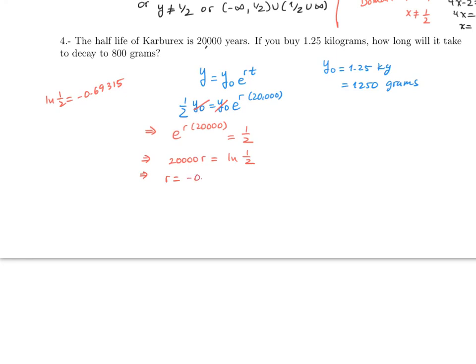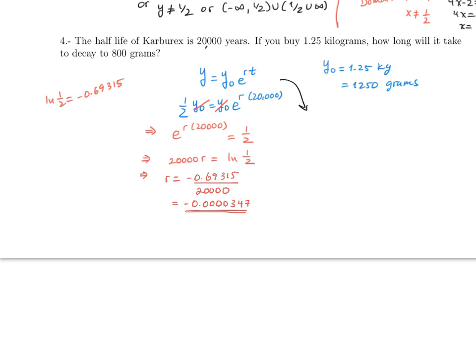So this will be minus 0.69315 divided by 20,000. And this equals negative 0.000347. So once we find the rate, then you can find anything you want from this equation.